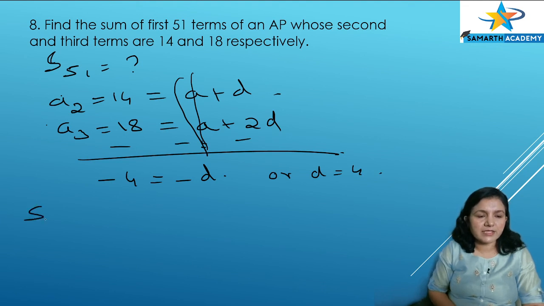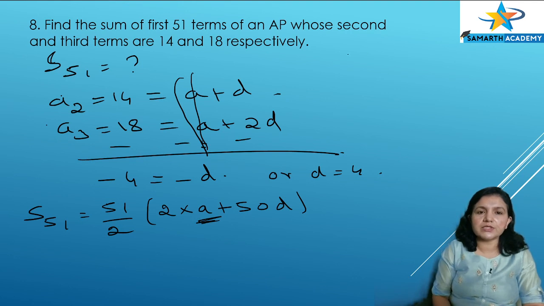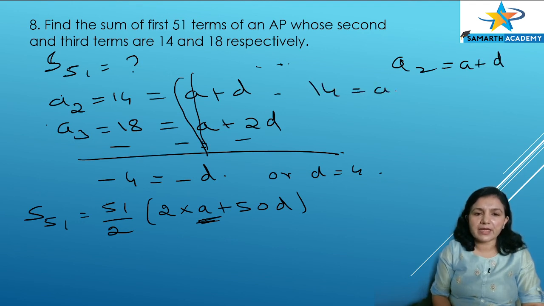Okay, now he is asking for S51, which is 51 by 2, 2a plus n minus 1, that is 50 into d. We have to find what a is so that we can substitute here. So from the first equation, we have a2 is equal to a plus d, that is 14 equal to a plus 4, therefore a is equal to 10.